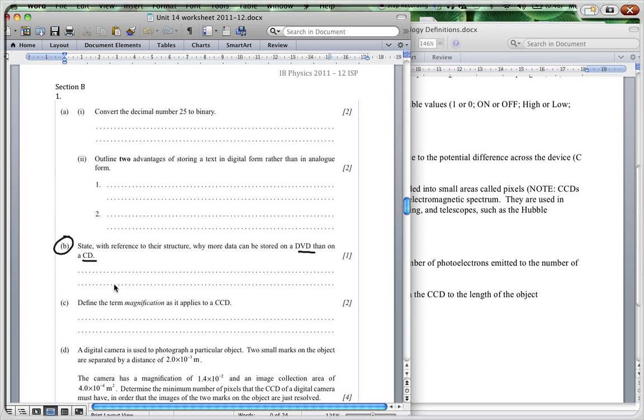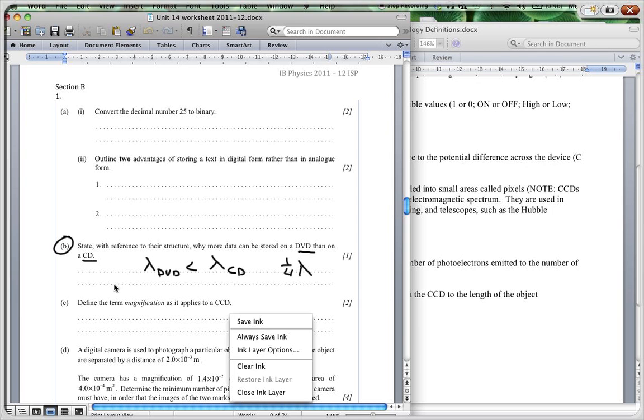Now a DVD uses light of a shorter wavelength, so it uses a wavelength which is smaller than the wavelength for a CD, and therefore the pits, because the depth of your pit is a quarter of the wavelength, the depth of those pits can be less. And because they're less, you can actually have multiple storage. You can actually have layers of this within the DVD.